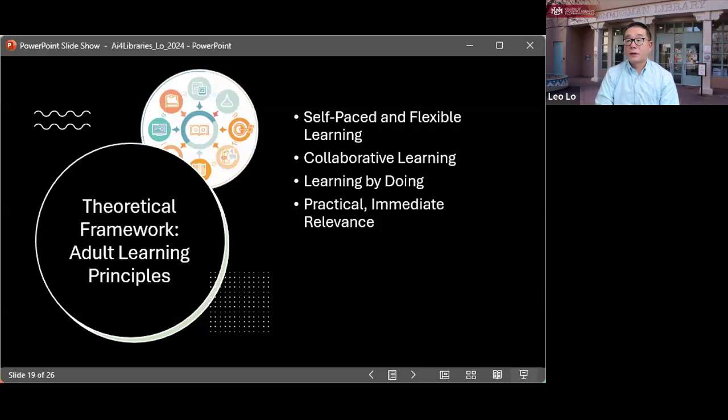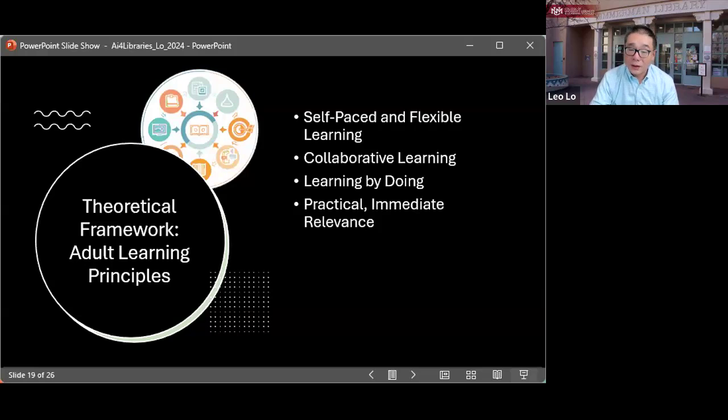We talked about communities of practice, and adults learn best in social contexts where we can share knowledge, ask questions, and discuss real-world applications with our peers. So it's also good for networking and mentorship opportunities as well, which is important for professional growth.